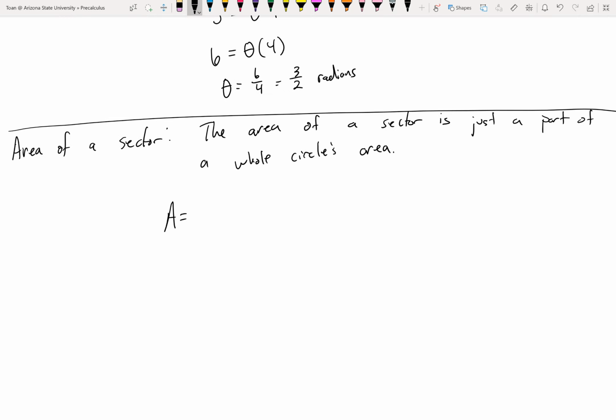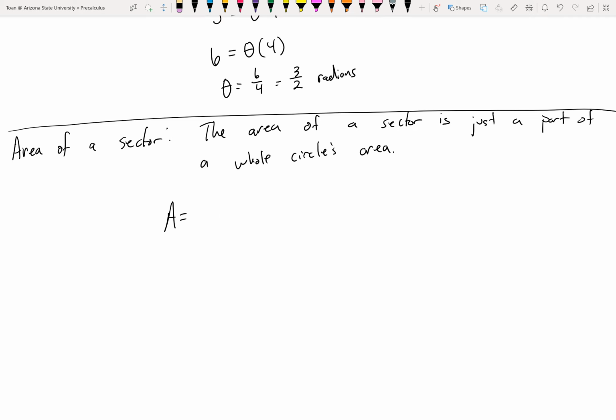So area equals, how do I calculate the proportion of a sector? It's its angle over the total amount of angles, which we'll stick with radians, 2 pi, times, now since I'm interested in area, not arc length, I need to use the area of a circle formula, right?